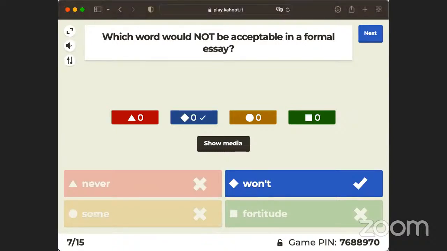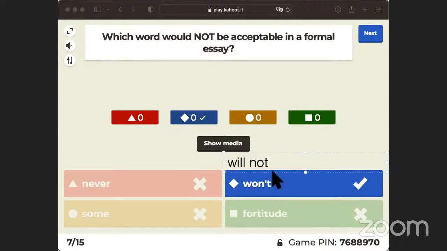All right. So which word will not be acceptable in a formal essay? We have won't, because it has a contraction. And I mentioned before that for academic writing, we don't use contractions.